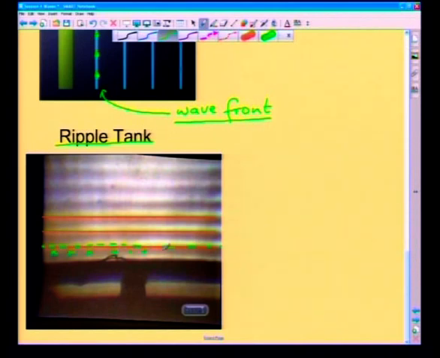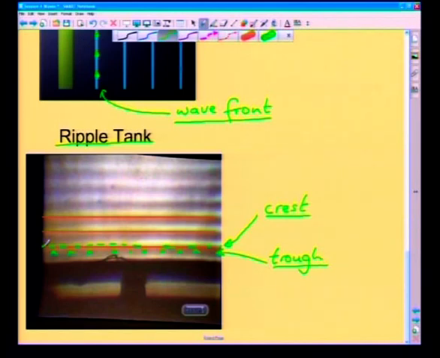Okay? So this top here will be giving you what we call the crest of the wave. And this part here will be giving you what we call the trough of the wave. Okay? Right, so that's what you will see.